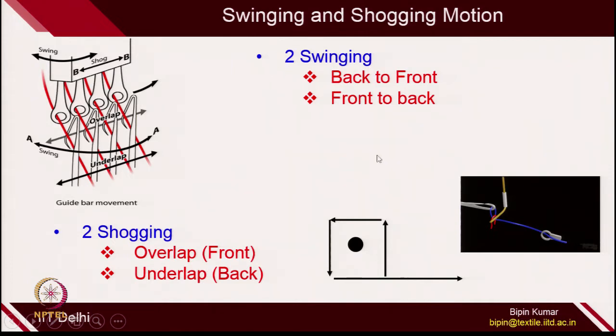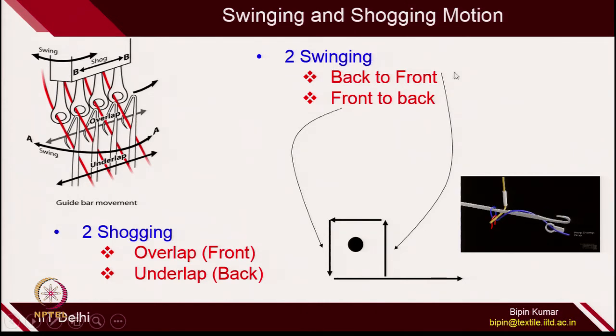There are two swinging motions. One is when the guide starts from the back position and moves towards the front side of the needle. Second, after providing the yarn, it moves back from the front side to the back side of the needle. So, there are two swinging motions for each loop formation by a particular guide. So, two swinging and two shogging.